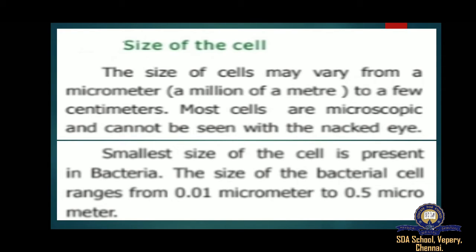The cell size may be as small as a millionth of a meter or may be as large as a few centimeters. Usually all the cells are microscopic in size and are not visible to the naked eye. Thus they need to be enlarged by a microscope for seeing.